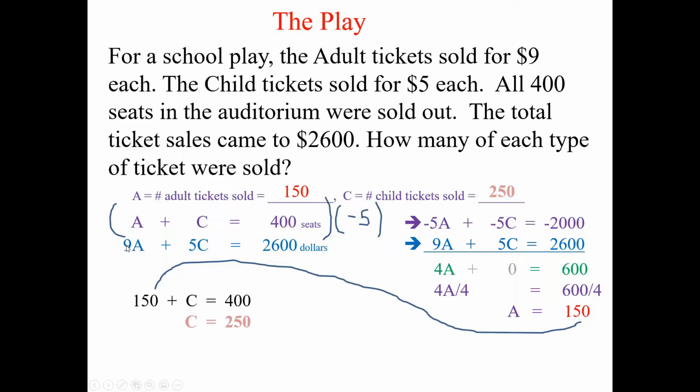Then we have dollars times adults plus dollars times children equals the 400 seats times however much the mixture of dollars is to be, $2,600. There's our two equations. This is a pattern that we will use in other problems.